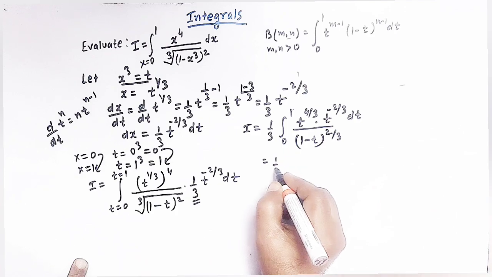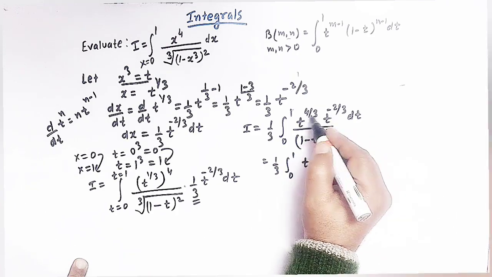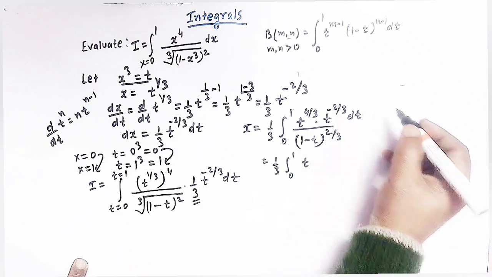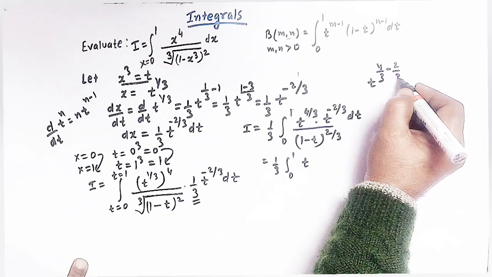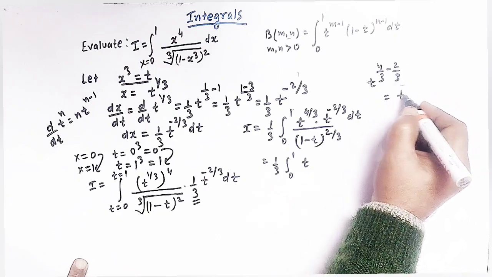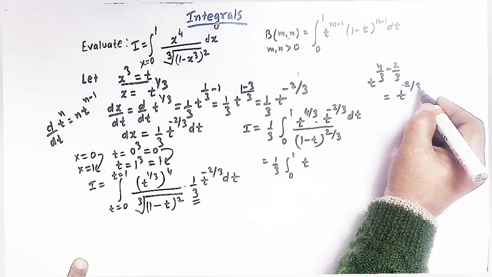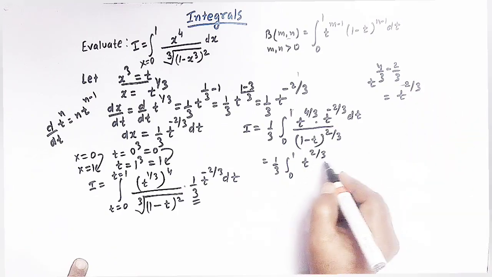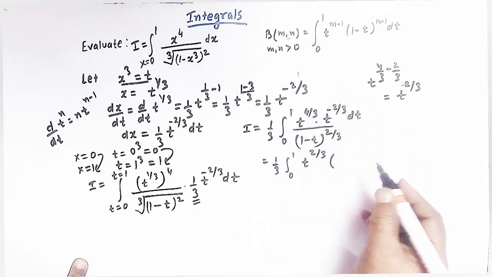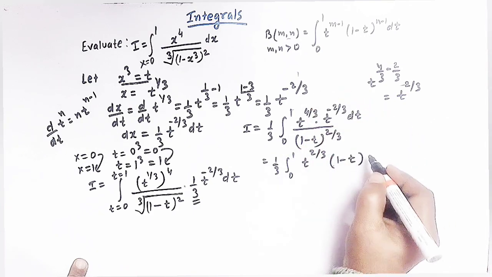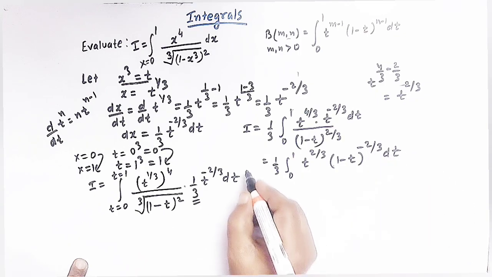So now this is 1 over 3 integral 0 to 1, and here using the laws of exponents, we can write t raised to 4 over 3 minus 2 over 3, that is t raised to (4 minus 2) over 3, so this is t raised to 2 over 3. Taking this term to the numerator, we have (1 minus t) raised to minus 2 over 3 dt.